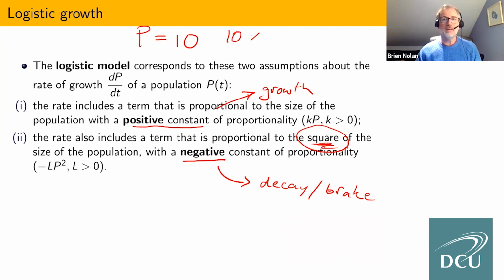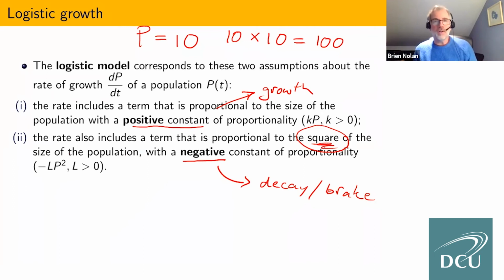And 10 people, well, we can match them up in pairs essentially 100 different ways. Okay, we've double counted there, so we need to be careful. But basically, the square of the size of the population is counting roughly how many competitive interactions there may be between individuals. So literally fighting over food or competing in an economic sense for resources.